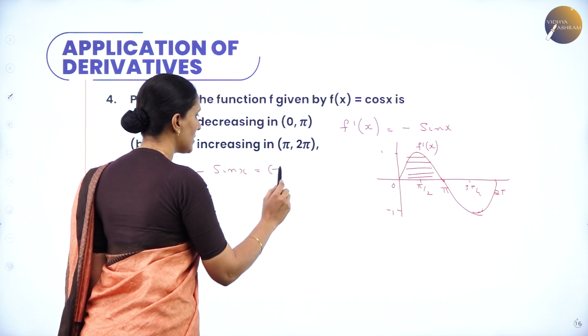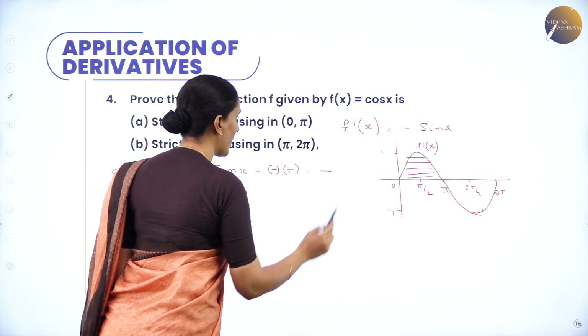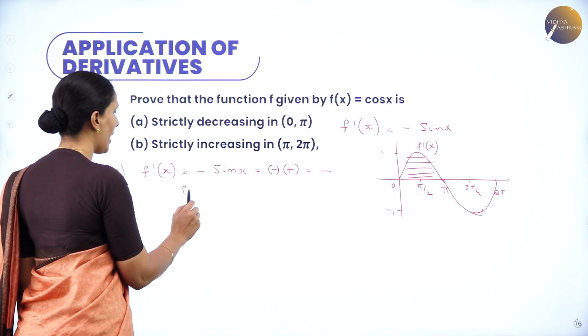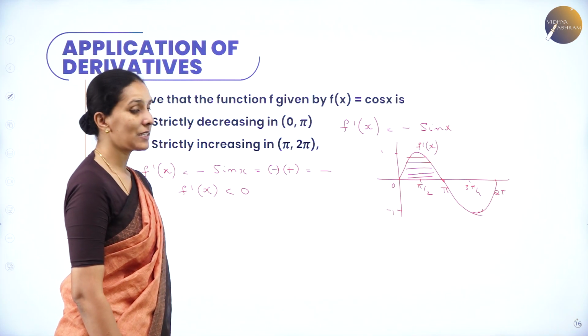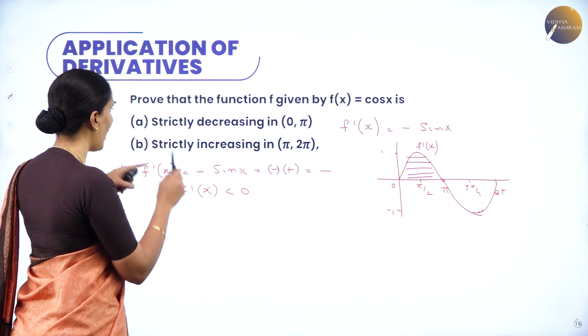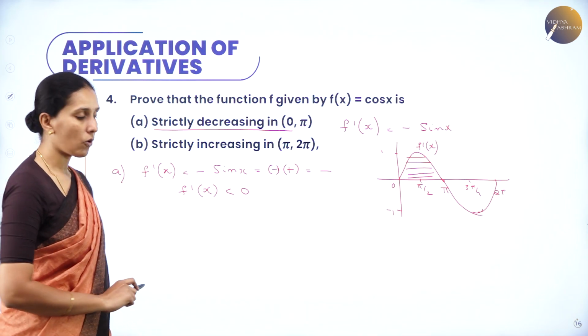So minus sin x will be negative. That means f dash of x is less than 0. Clearly, if it is minus, it is less than 0. So therefore, it is strictly decreasing in the interval 0, pi.